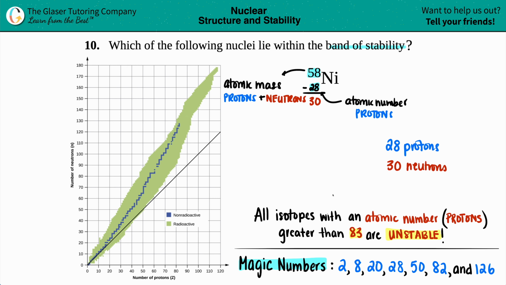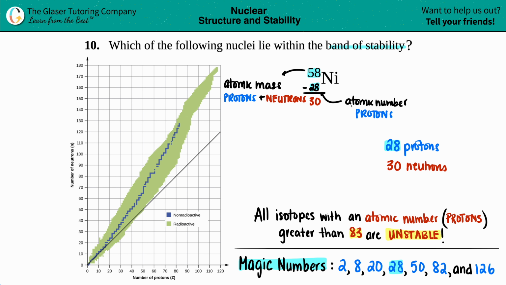Now, with these, watch out for your magic numbers. If you have a magic number for either your protons or your neutrons, that generally means that you will have a stable isotope. And in this case, I do see that I have 28 protons, which is a magic number of 28. 30 isn't on there, but we're in good territory here.